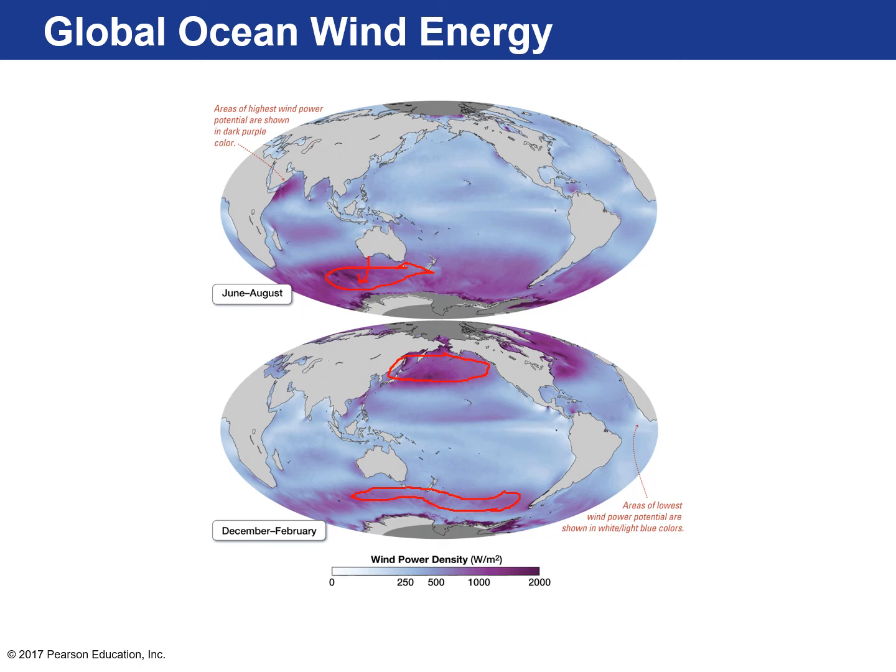So typically it's convenient if they're very close to land, because then we can transfer the power over to areas that need it. But yeah, so the global ocean wind energy is an area that can be tapped and used, and it's a great renewable resource for humans.